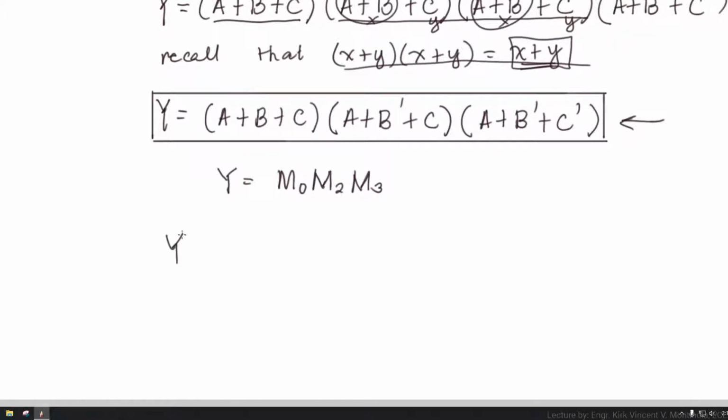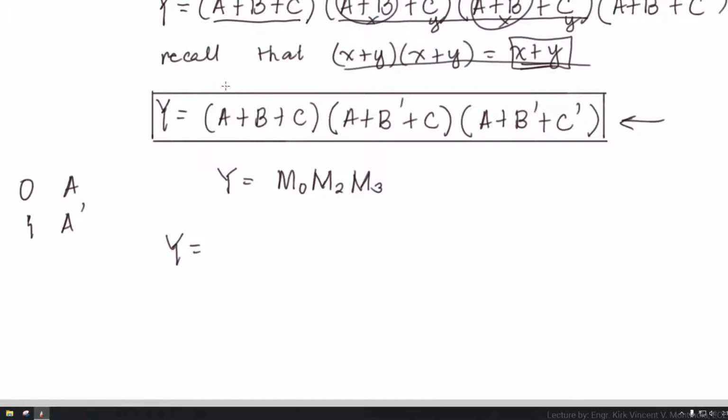'Di ba? Ang y natin, 'di ba ang alam natin, class, ang ABC ay 'di ba pag 0 siya ay A. Pag 1, siya ay complemented A. Excuse me. That is also applicable sa any other variable. So we know that ABC has this one. So anong gagawin natin dito?